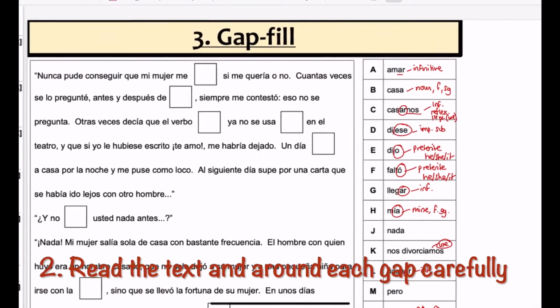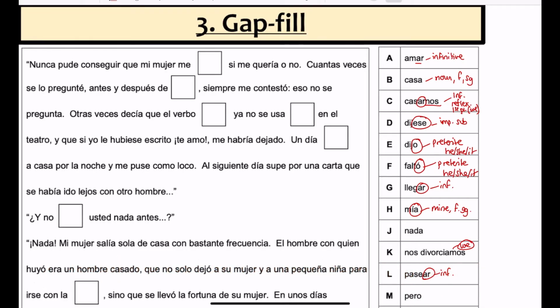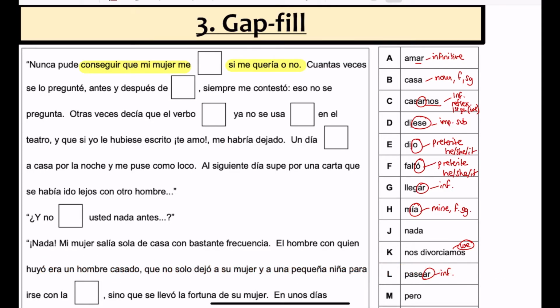Next thing I would do is go through, read it, and read carefully around each gap. So, nunca pude conseguir que mi mujer me something si me quería o no. The important bit is this bit here. Now, conseguir que mi mujer. The first thing I've got here is pude in the preterite tense, and this is I. We've got conseguir que, so get somebody to do something.